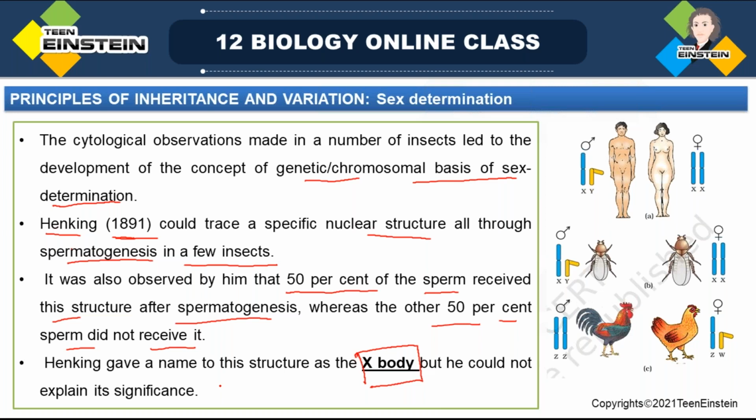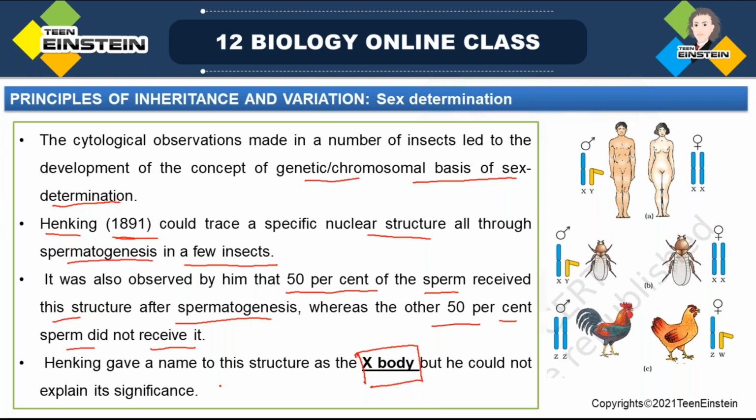So the geneticists, all these scientists, found that all this genetics-related experimentation was like a puzzle in front of them. Some of the experiments were carried out in insects. And the initial clue about the chromosomal mechanism of sex determination can be traced back to these.